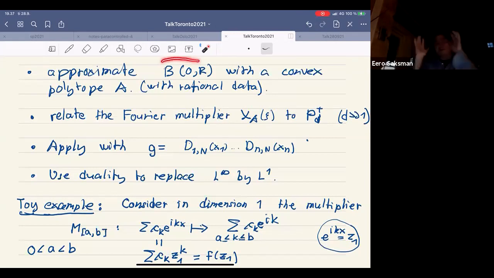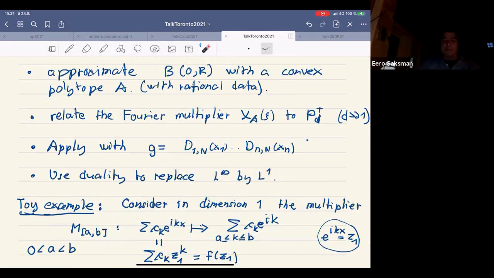It's just a convex body which is an intersection of half spaces.